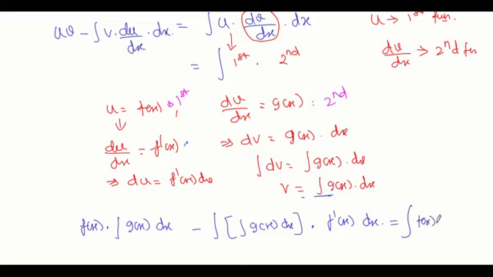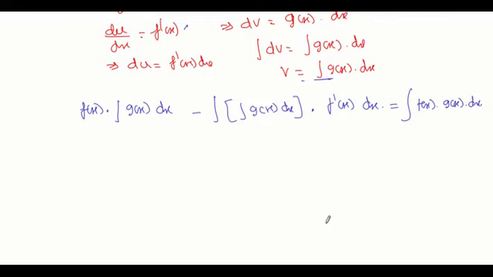On the right hand side, integral u is the first function, that is f of x. Now what is next? dv by dx. Where is dv by dx? It is actually g of x. So g of x dx. That's all children. So now we can write this in this form.